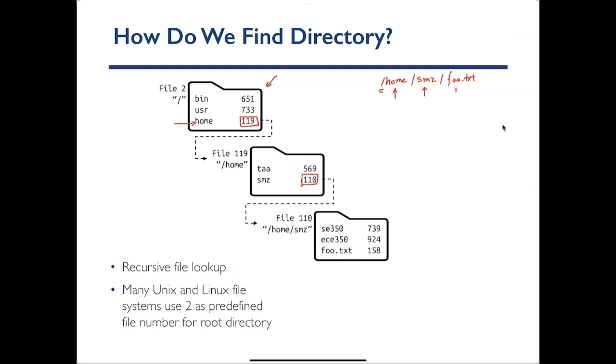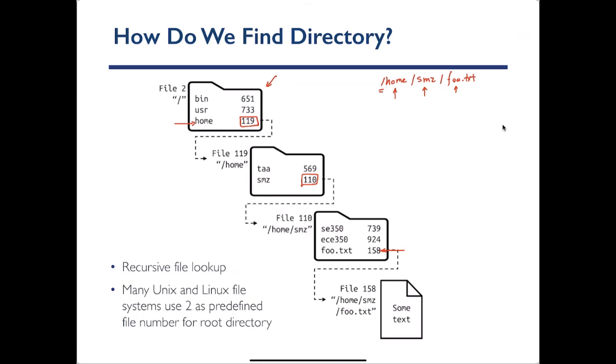Now, in SMZ, we're looking at foo.txt. So we search this file, and we find the record that we're looking for, foo.txt. And this gives us the final file number, 158. Then we open that, and we have the file that we're looking for.